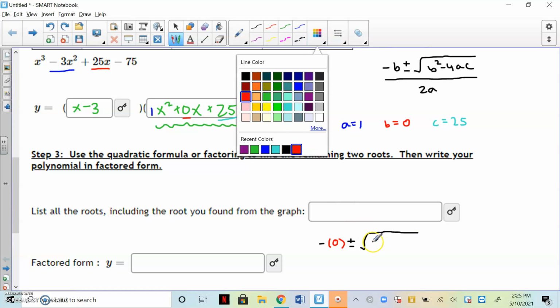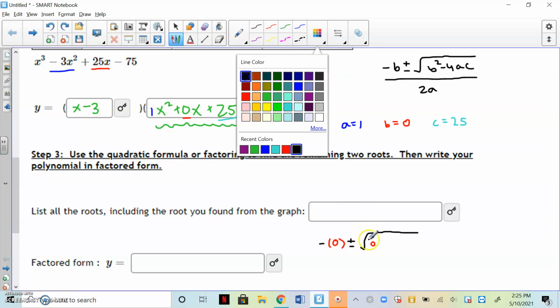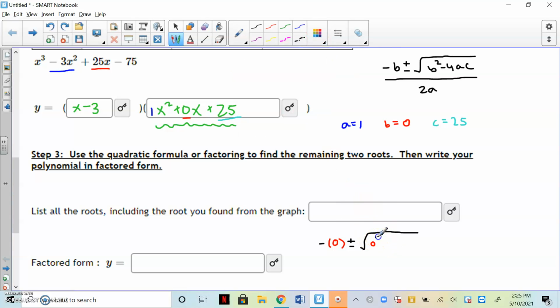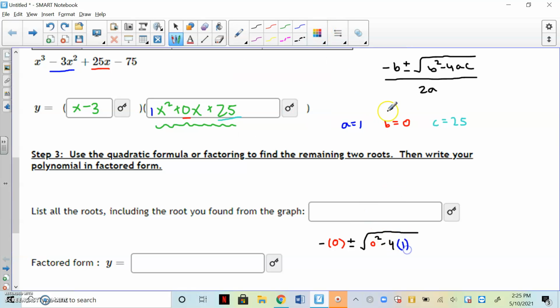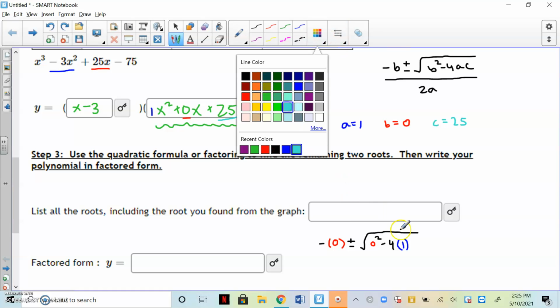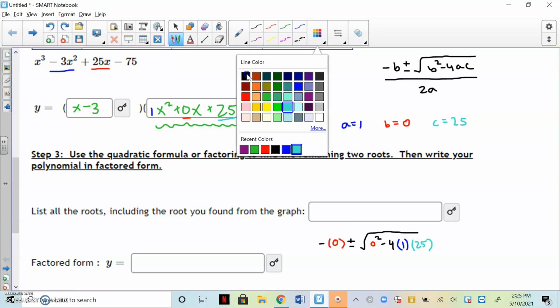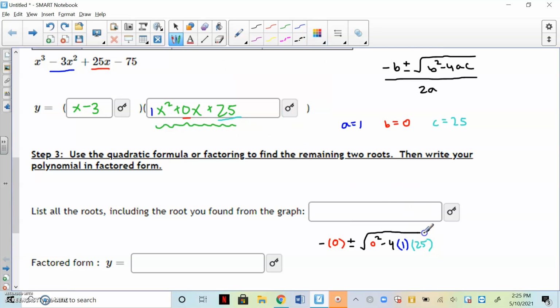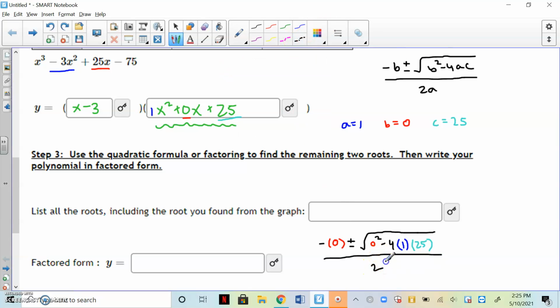Alright, b squared, so 0 squared, minus 4 times a times c, all over 2 times a. So I just plugged all my pieces into there. You guys should be pretty familiar with how to do this by now.